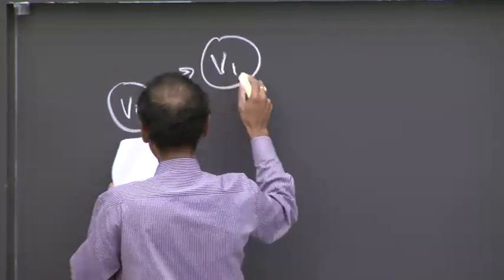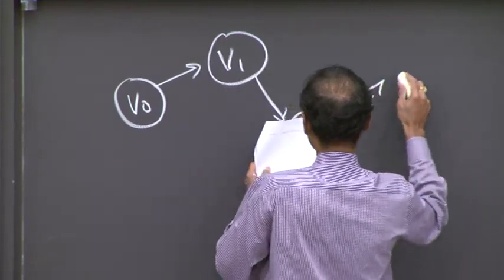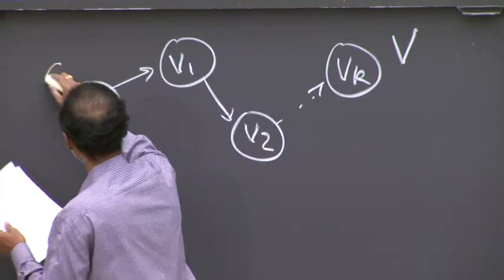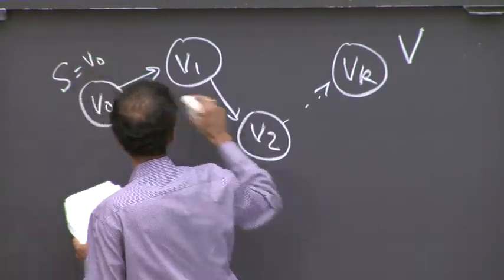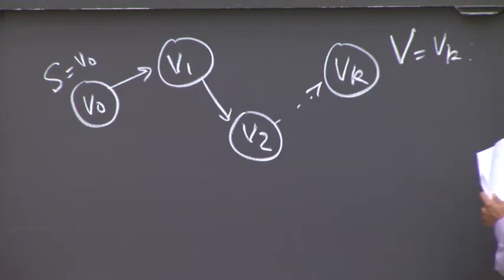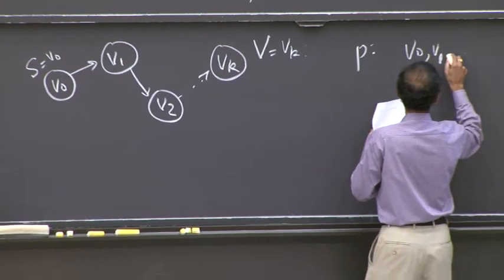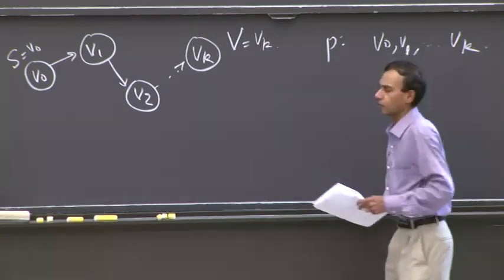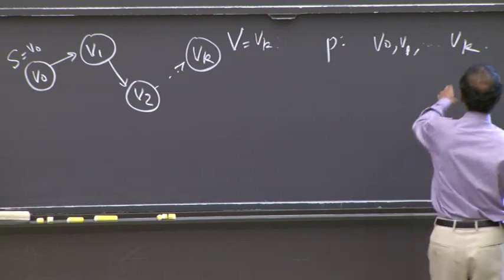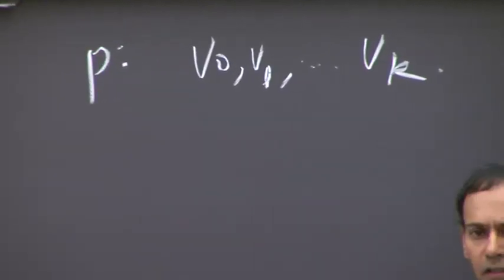So you have V0, V1, V2, etc., all the way to Vk. This is my vertex V, this is S. So S equals V0, V equals Vk. Right? So I'm going to have a path P that is V0, V1, all the way to Vk. Okay? How big is k in the worst case? How big is k?